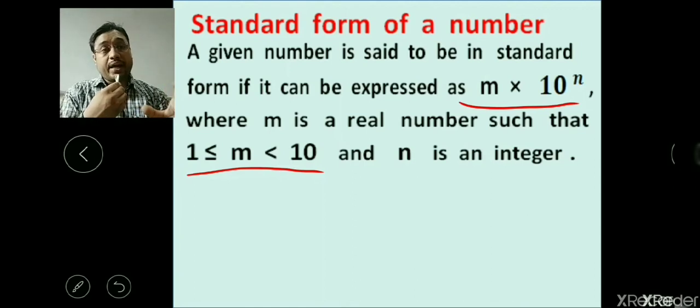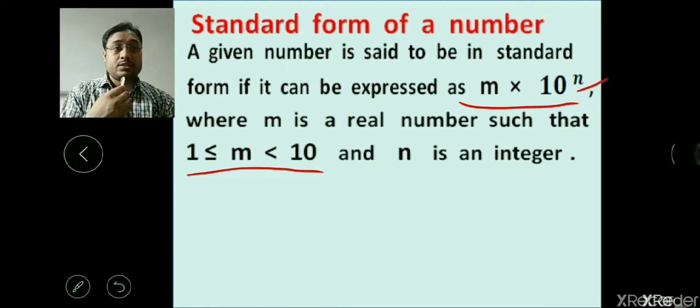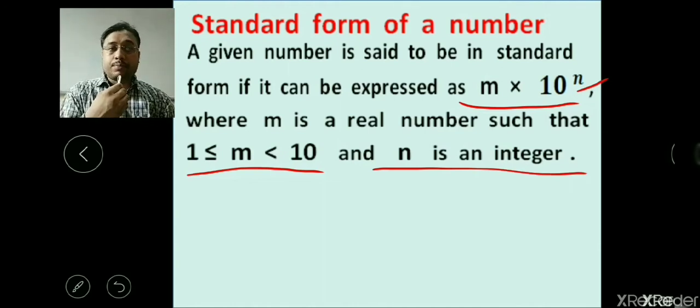And what about n? The variable n is the exponent of the number 10 here. In this form, n is the power of 10 and n is an integer. It can be a negative integer or a positive integer, that depends upon the number only.